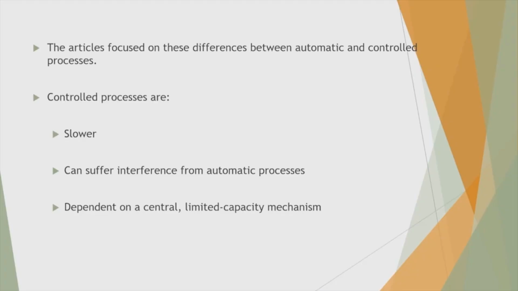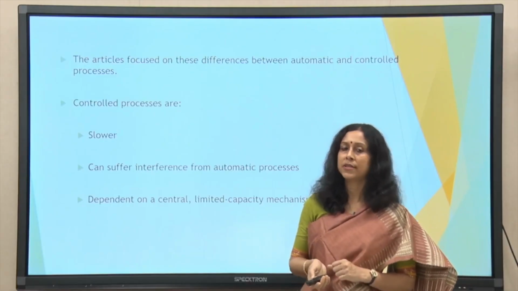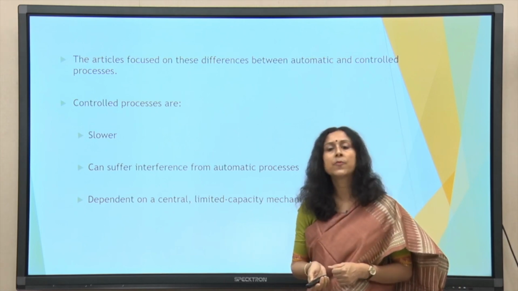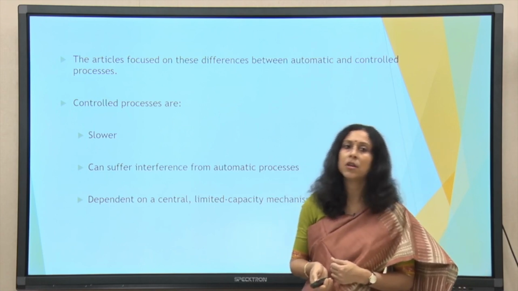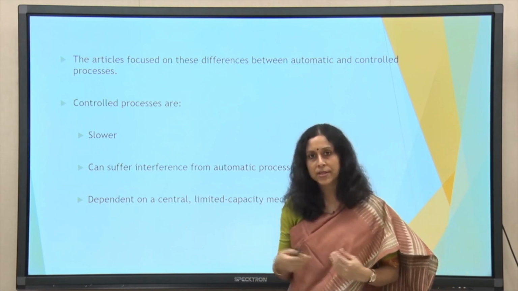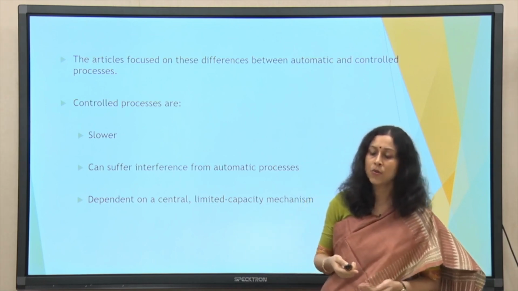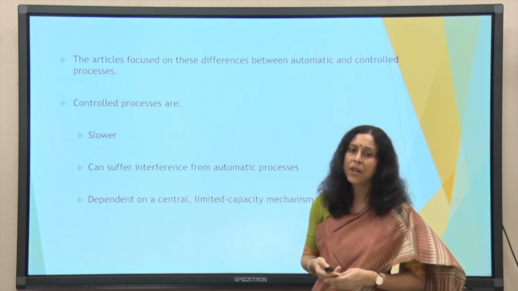So, what are these papers talking about? These articles focused on differences between automatic and controlled processes, because that is what they were looking at that time. So, control processes as well as control systems in human cognition and so on. The difference between automatic and controlled processes, how they are different, what the finer nuances are, is the entire gamut of things that these papers talked about.